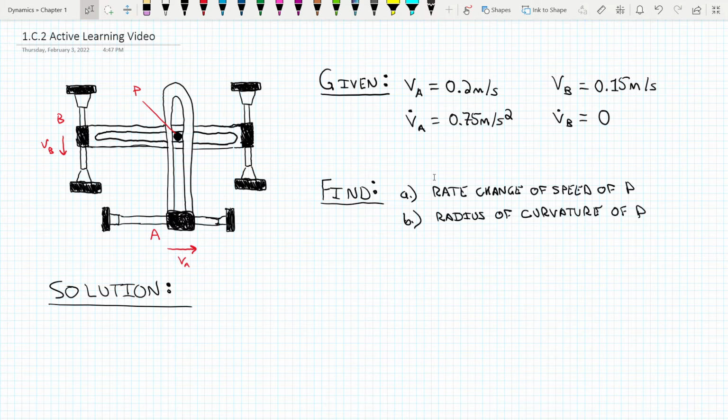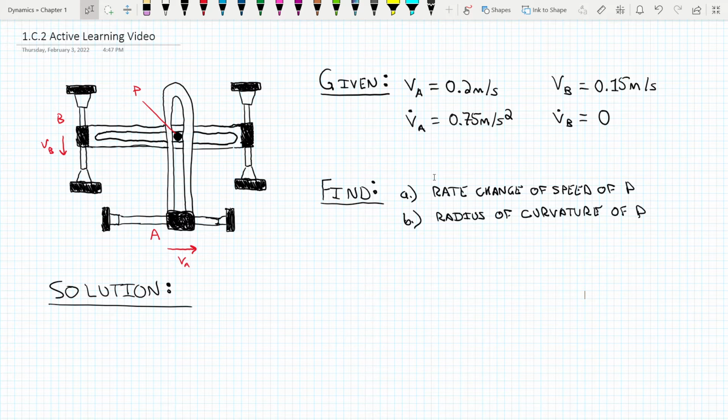So we're given VA is equal to 0.2 meters per second, VB is equal to 0.15 meters per second, V dot A is equal to 0.75 meters per second squared, and V dot B is 0.